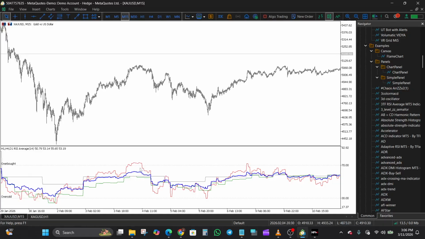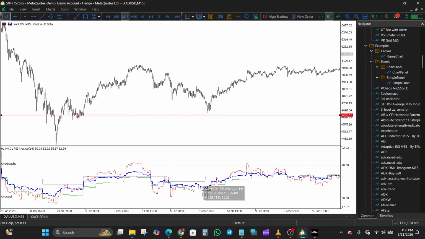Of course, you would have sold once you got your confirmation from the overbought territory and price action. You can exit your sell trade once the price hits support levels, or when the red line enters the oversold territory, or you can wait for when the red line crosses above the blue line if you are looking for additional confirmation.